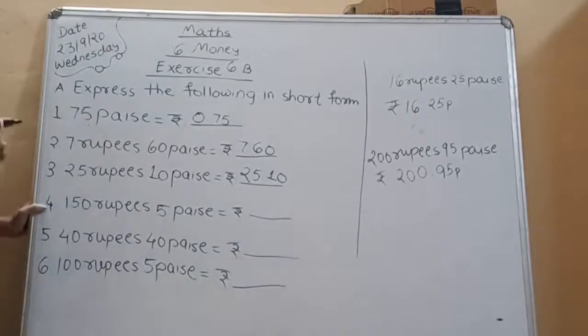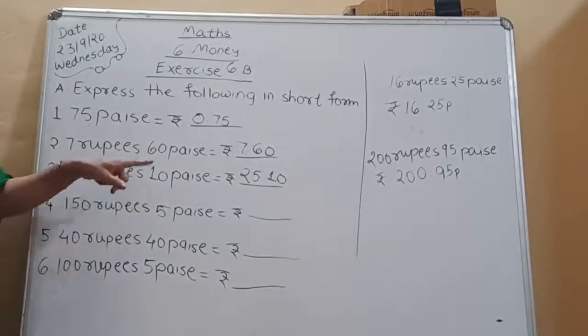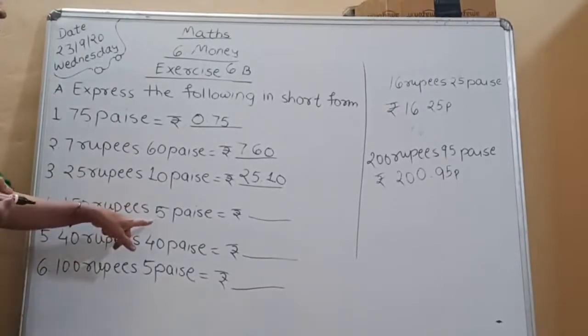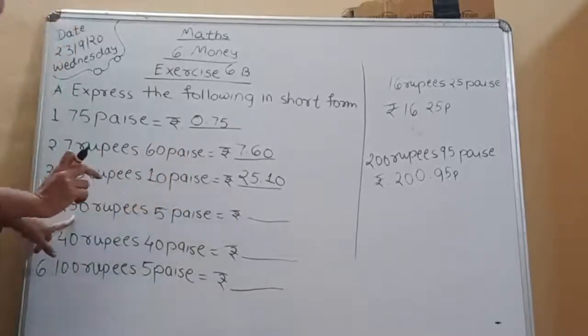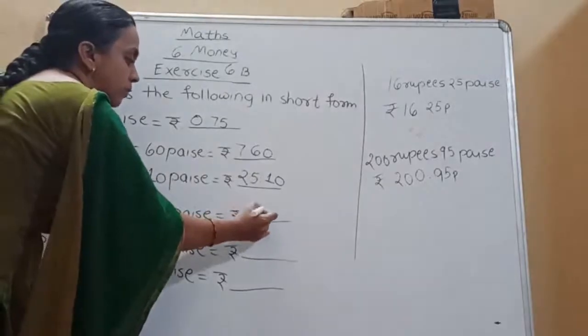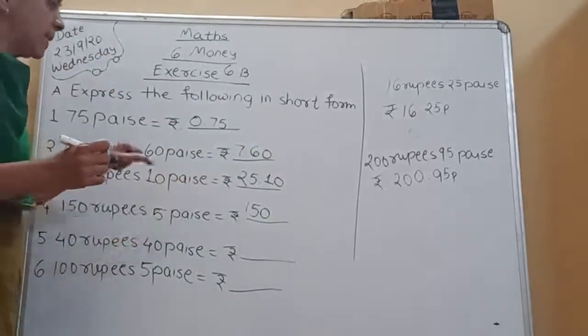Now see the fourth example, 150 rupees 5 paise. Now this example is somewhat different. What do we have to write here? Rupees is already given. Just write down 150, give a small dot there and 5 paise.